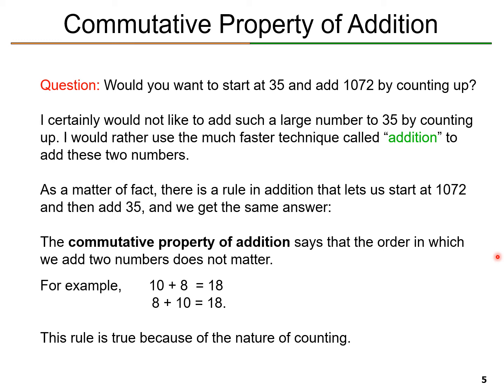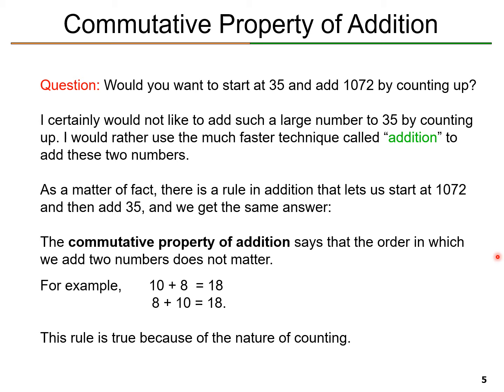As a matter of fact, there is a rule in addition that lets us start at 1072 and then add 35, and we get the same answer as if we had started at 35 and added 1072 to 35.